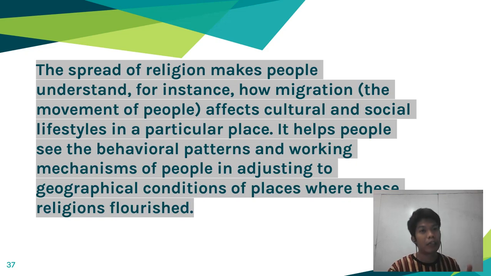Migration is a huge factor in dispersion of religions. Moving from one place to another affects people's culture and beliefs and even influences the people near to them. And it could help us grasp their way of life by seeing the patterns of their system.